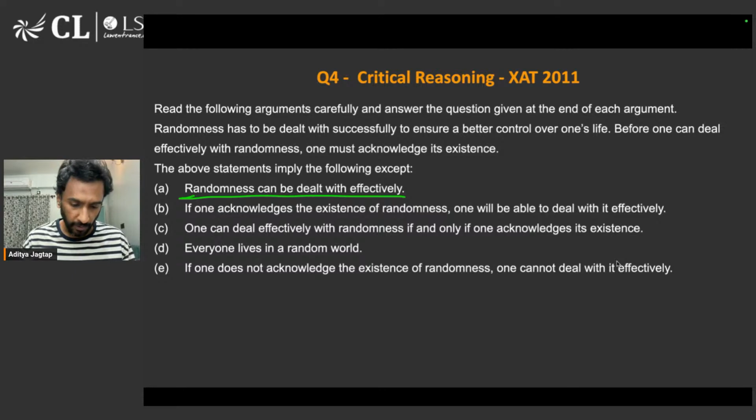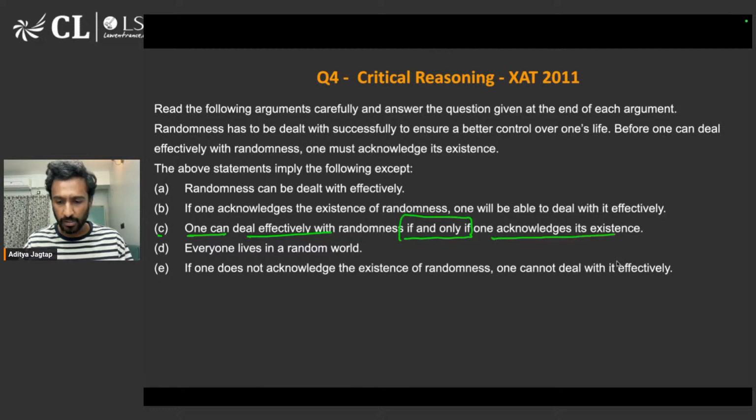Now I start looking for evidence. If I find evidence for this entire statement, word by word, and we know randomness can be dealt with effectively is a subset of this information, then A is a valid inference. Now let's look at C. One can deal effectively with randomness if and only if one acknowledges its existence.